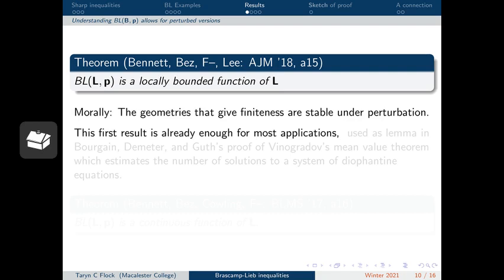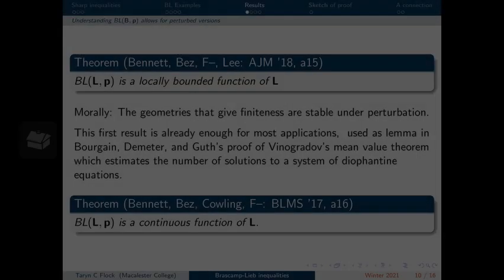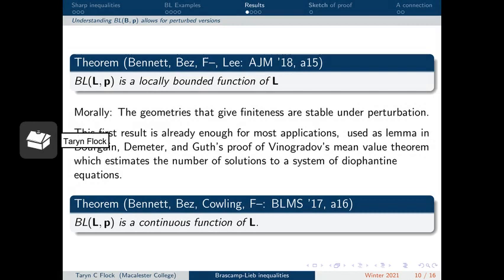So this is already enough for many applications, including Bourgain, Demeter, and Guth's proof of the Vinogradov mean value theorem. But over the years, we've proved more.